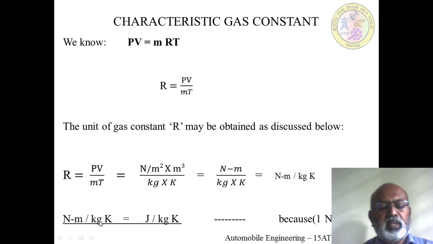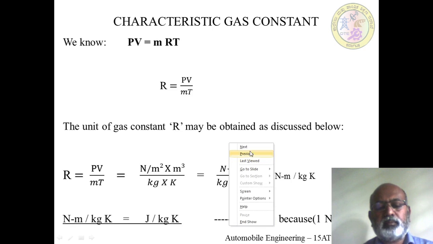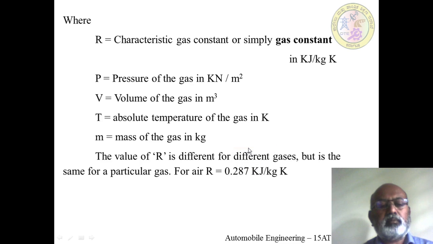Newton meter per kg Kelvin can be written as joules per kg Kelvin also, because 1 Newton meter is equal to 1 joule. That is why instead of Newton meter per kg Kelvin, we write it as joules per kg Kelvin, where R is the characteristic gas constant, or simply gas constant, in kilojoules per kg Kelvin.